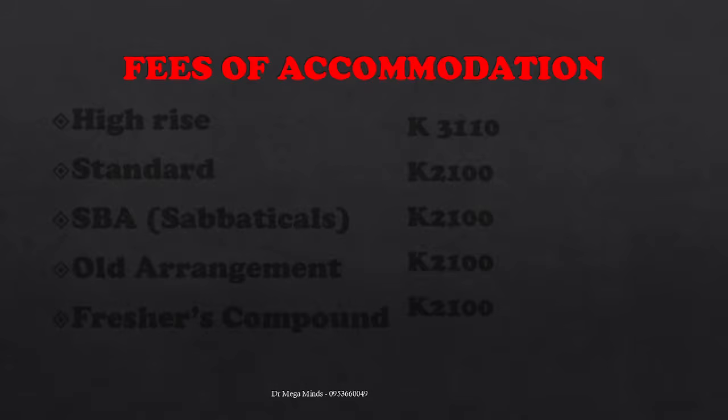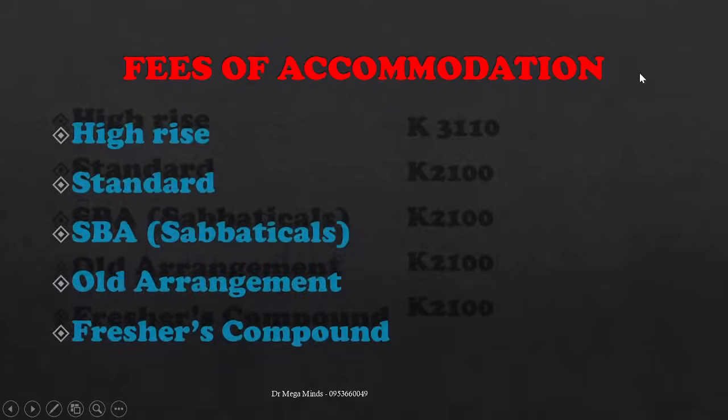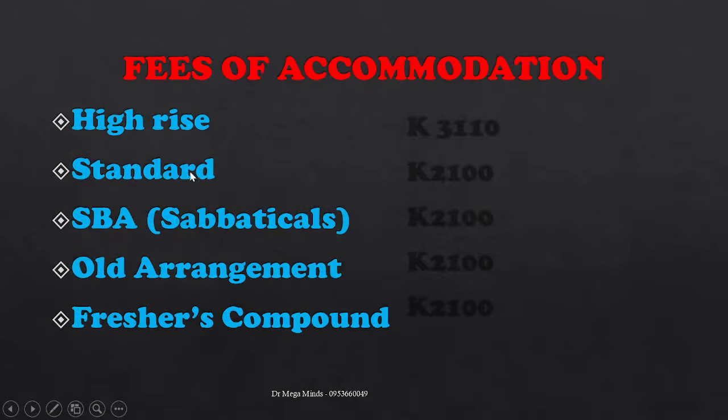So now let's quickly go through the fees. We have these kinds of hostels which I've listed, which we have talked about. For all of them, the accommodation fee is 2,100, except for high-rise hostel, which is 3,110.